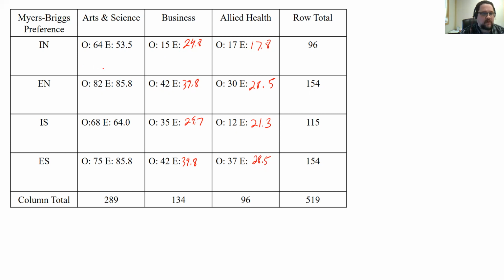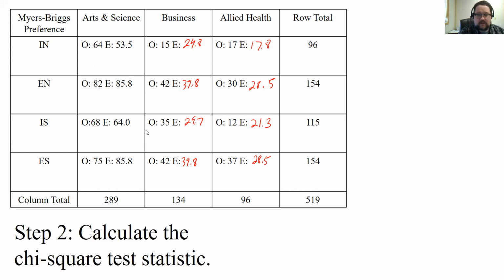Okay, so here comes the second step. The second step is to calculate the chi-squared test statistic. And what that is, is the sum of the difference between your observed minus your expected, squared, divided by your expected value.